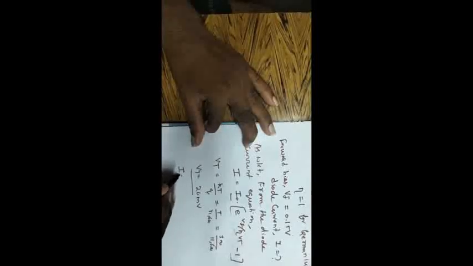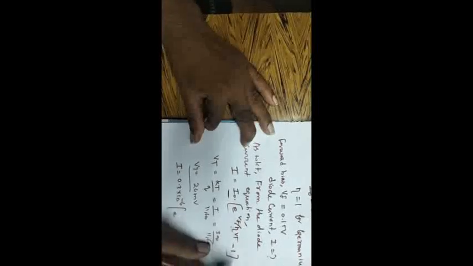So I equals I0, that is 0.3 into 10 to the power of minus 6, into e power Vf by eta Vt. Vf is the forward voltage 0.15, divided by eta which is 1, into Vt which is 26 into 10 to the power of minus 3, minus 1. This is the exponential value.